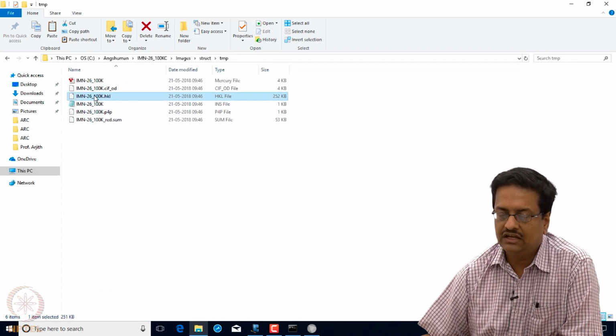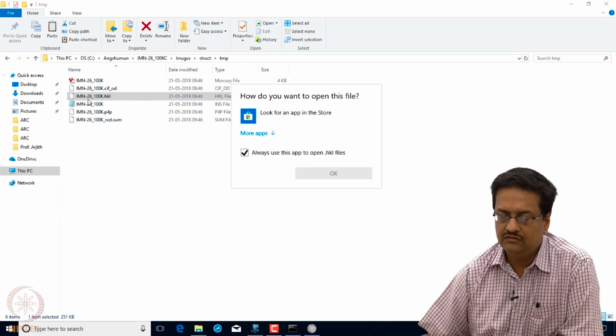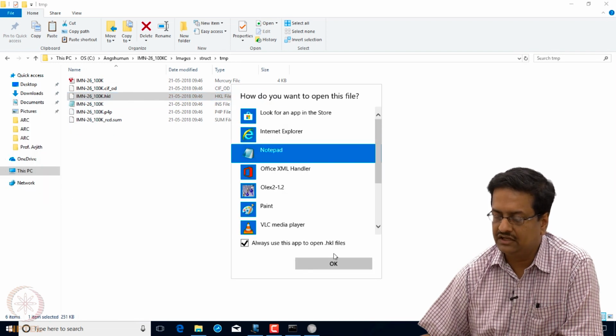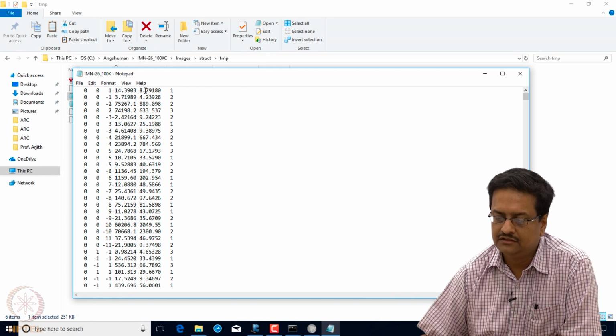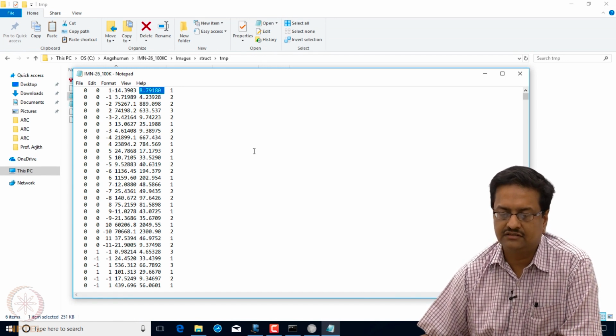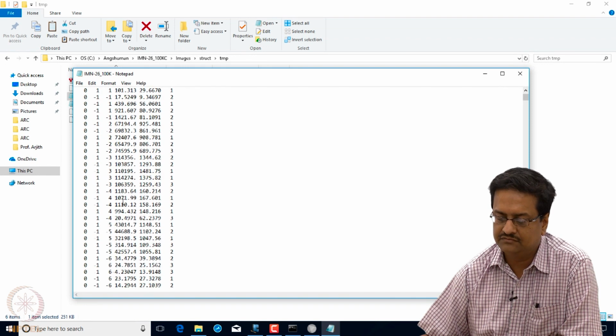So now here we have the HKL file, which also can be opened using Notepad, and what we see here are the values of h, k and l, the corresponding intensity and the standard deviation, and this is the batch number or run number from which this particular data has come.